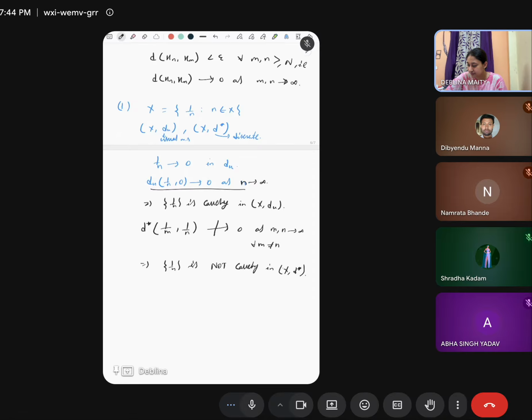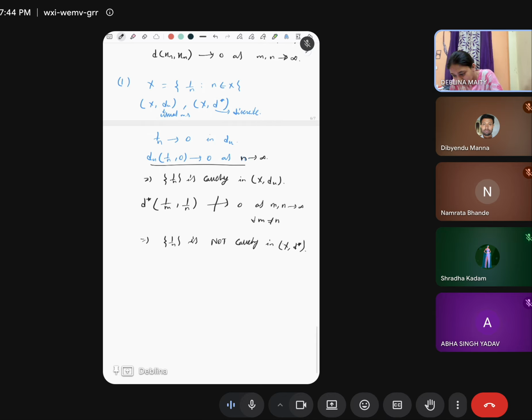So in the remark I will write that the Cauchy sequences in a discrete metric space are the constant sequences. Okay.